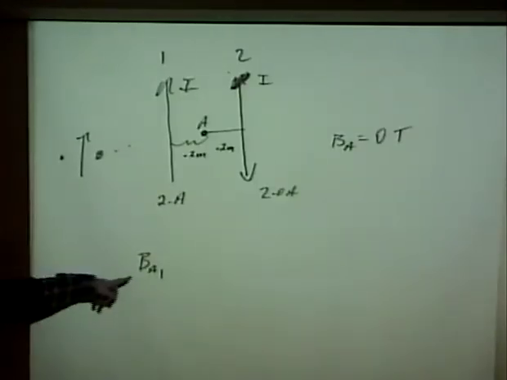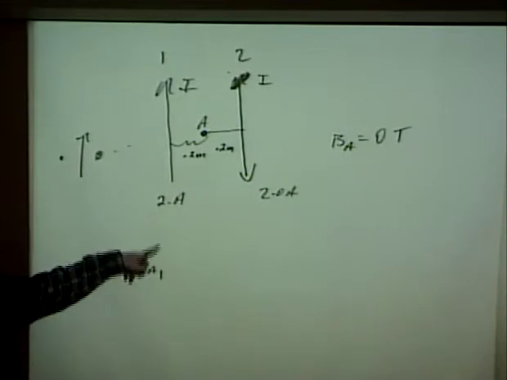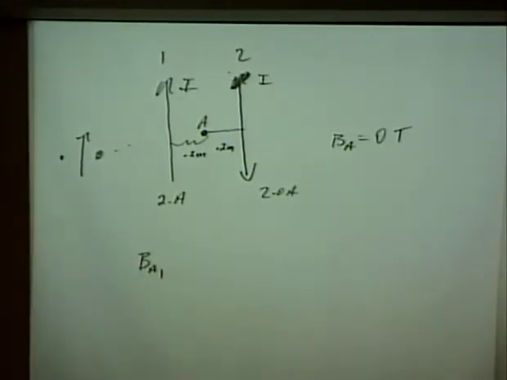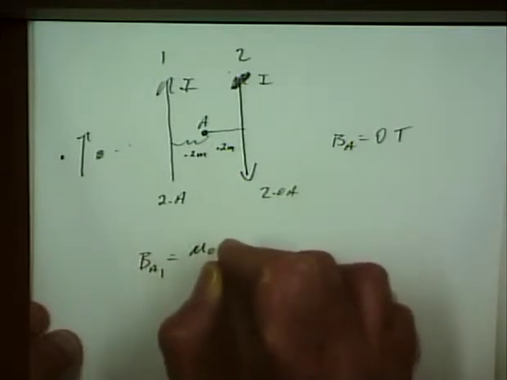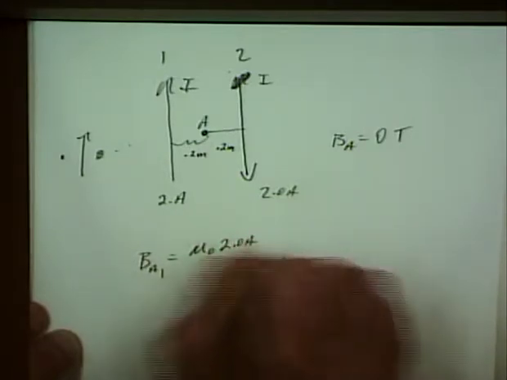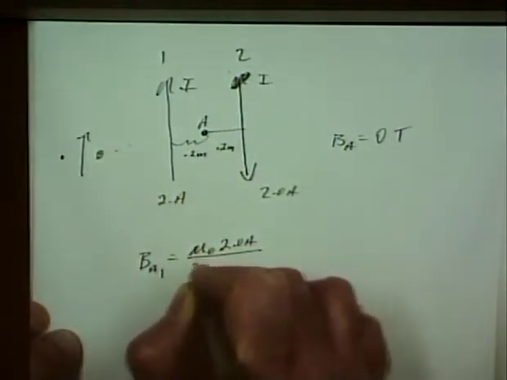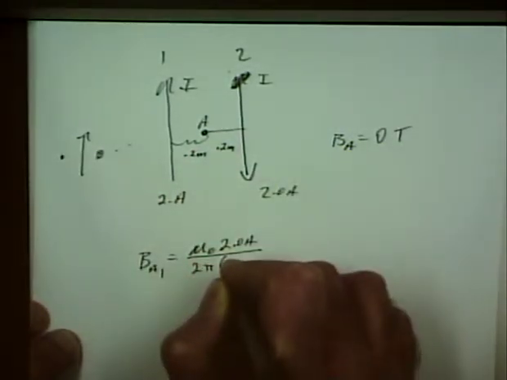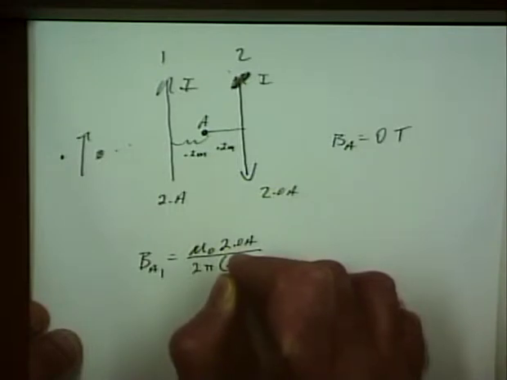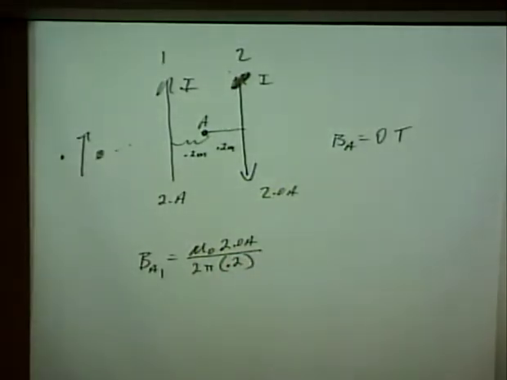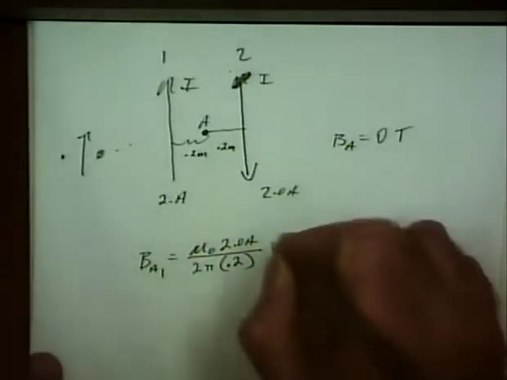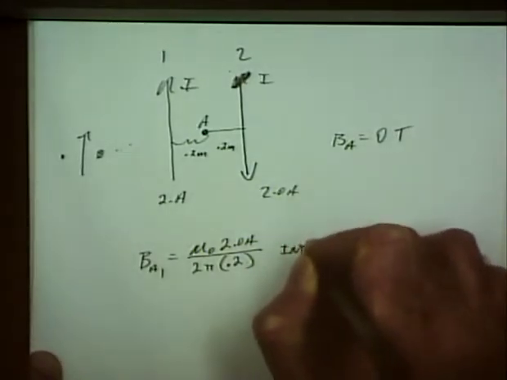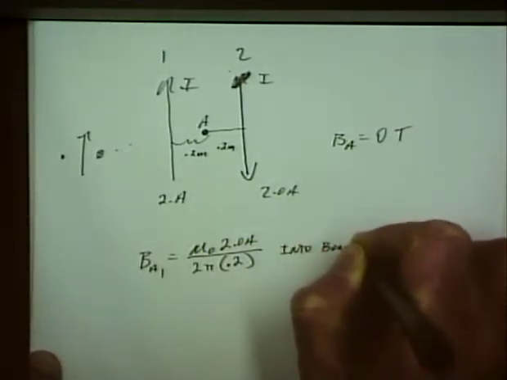So the B field at A caused by wire 1 is going to equal mu naught times 2 amps over 2 pi times 0.2, and that is going into the board.